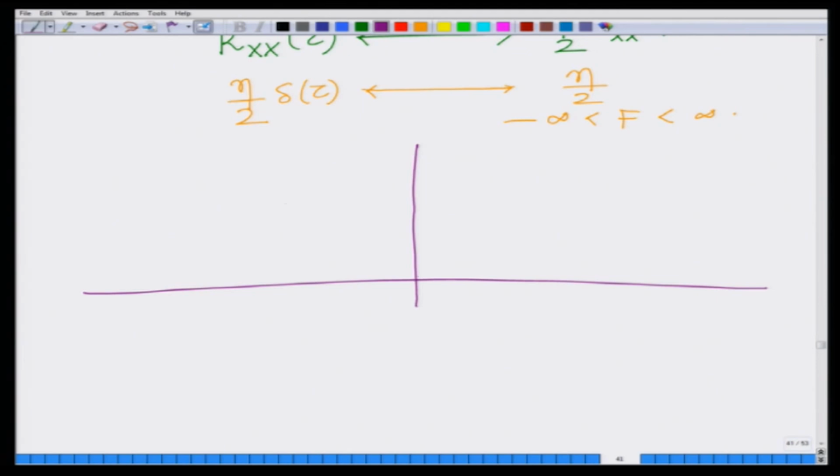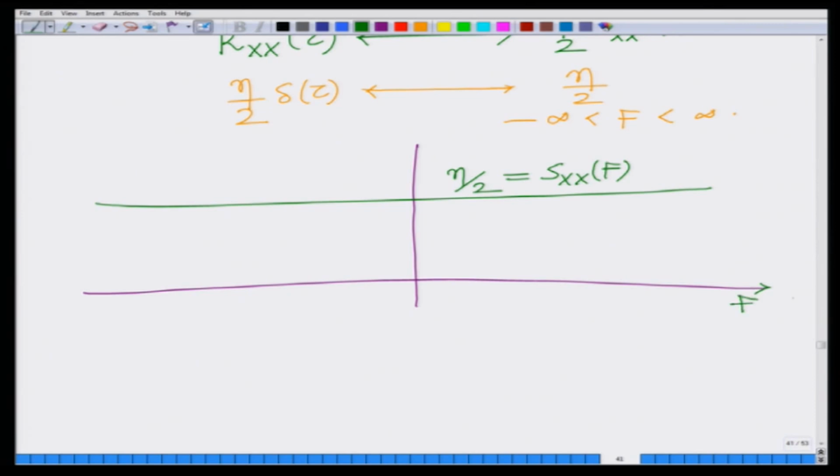So, if I look at this power spectral density, it has a very interesting property. How does it look? It looks simply like this. It is flat over the entire frequency band.